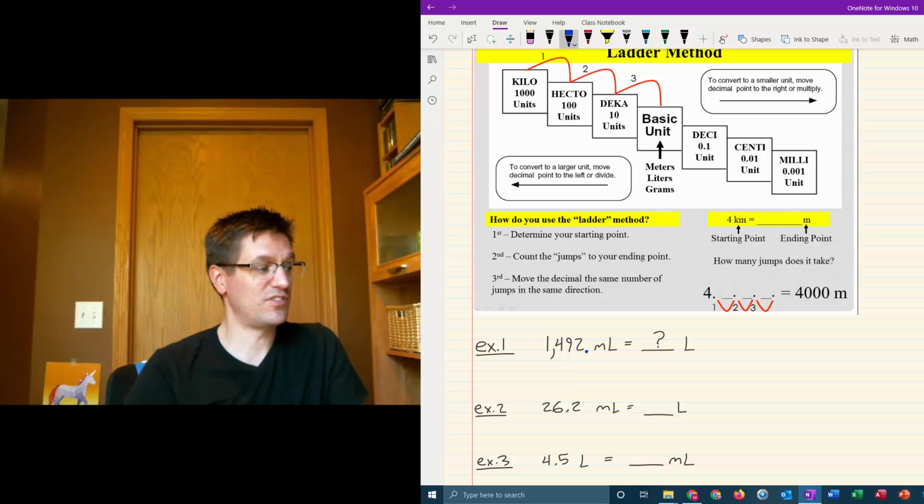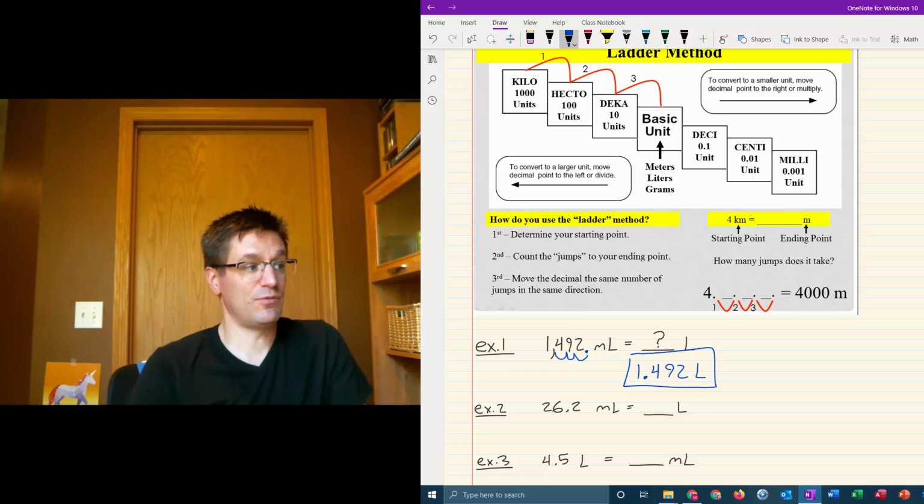So I need to move that 3 steps to the left. 1, 2, 3 steps. It's going to go between the 1 and the 4, which means my answer is 1.492 liters. And that's it. We just counted how many steps from milli to liter. It was 3, moved it in that direction, and we were done.